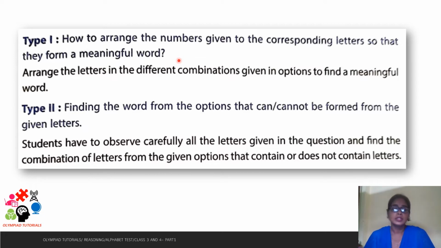By just observation and a little bit of thinking, and if you have a good knowledge of English words, then you can easily solve this kind of question. Students have to observe carefully all the letters given in the question and find the combination of letters from the given options that contain or do not contain those letters.